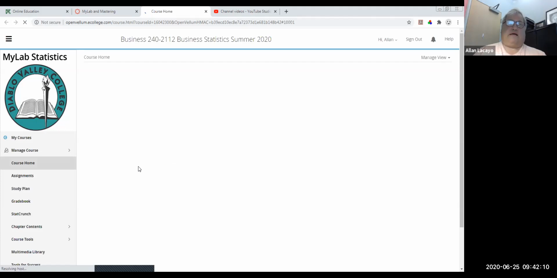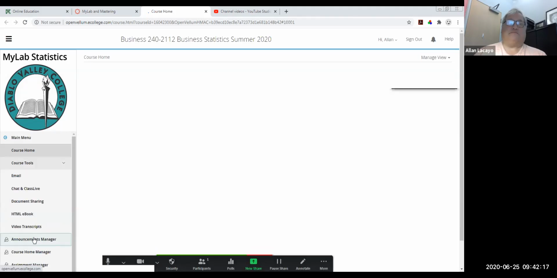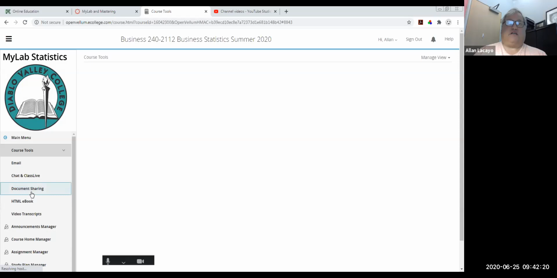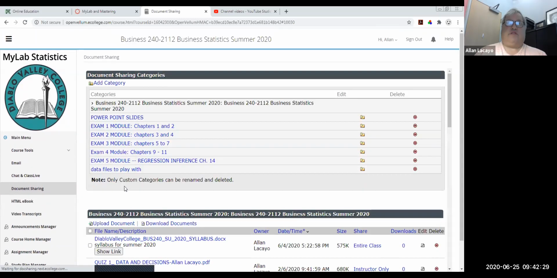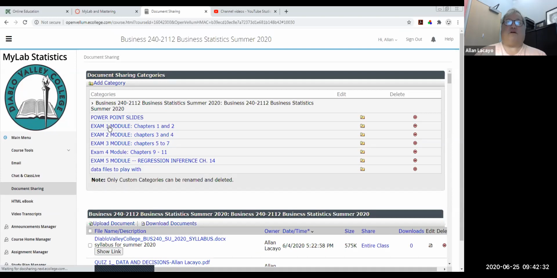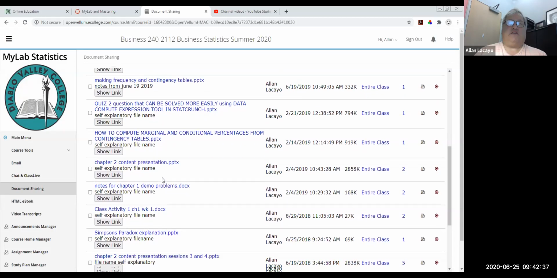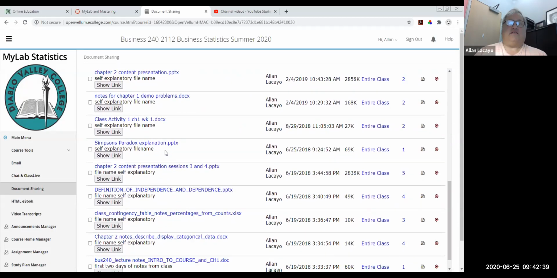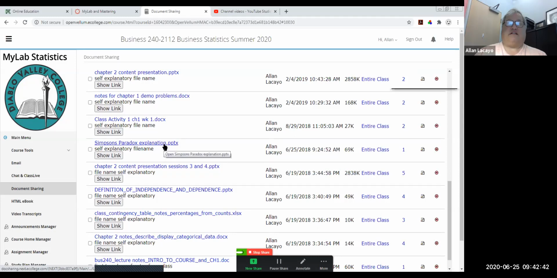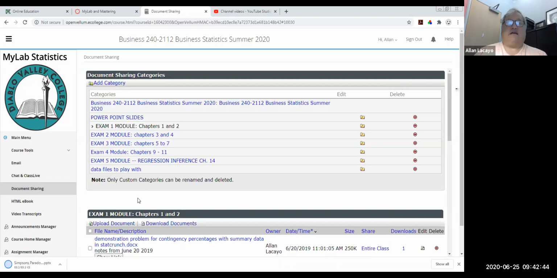Once the Pearson page opens, I'm going to go to Course Tools, Document Sharing, and within Document Sharing, I'm going to go to the Exam 1 module, Documents. Specifically, you will see that there is a Simpson's Paradox explanation file, a PowerPoint slideshow. So you can download it yourself.